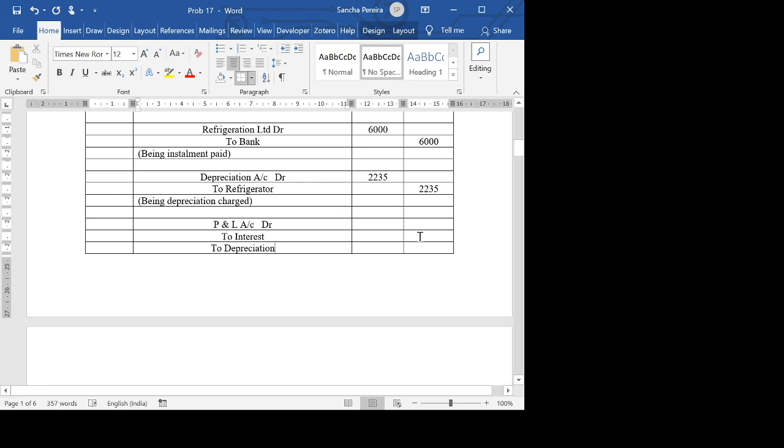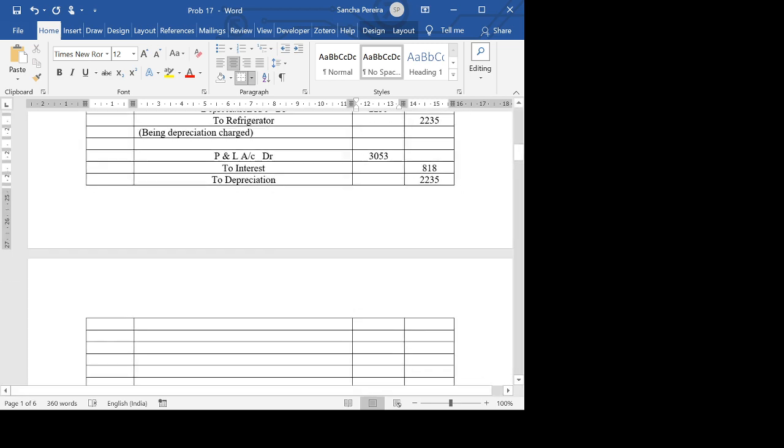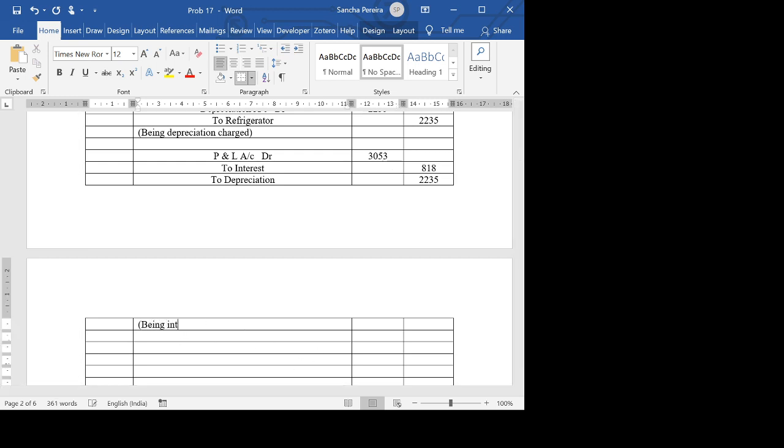The interest for this year is 818, and depreciation is 2235. So the total comes to 3053. Being interest and depreciation transferred to P and L account.